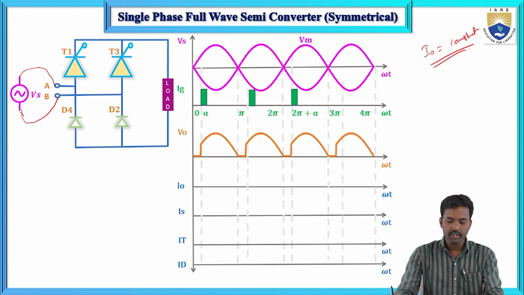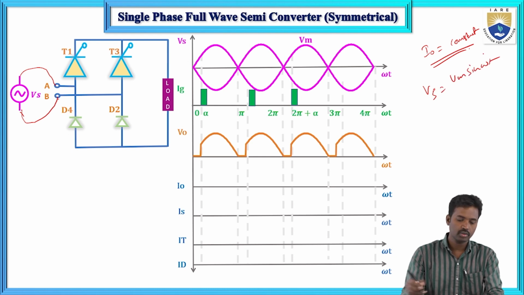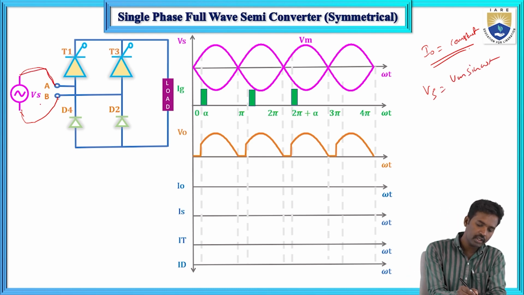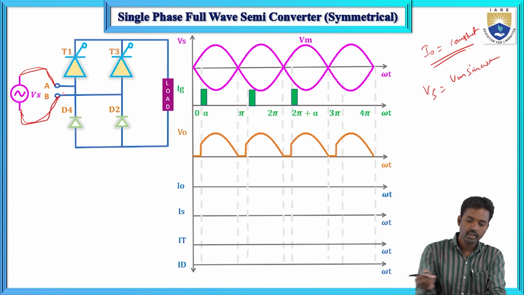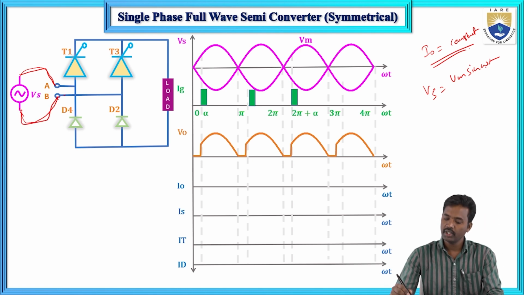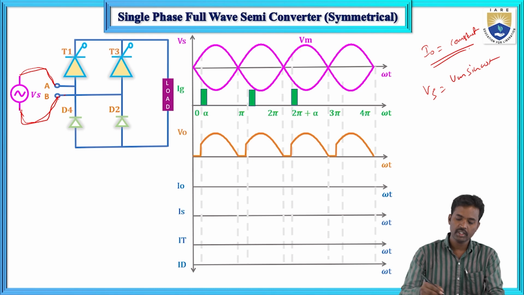Now the operation. Vs equals Vm sin omega t, that is VAB.